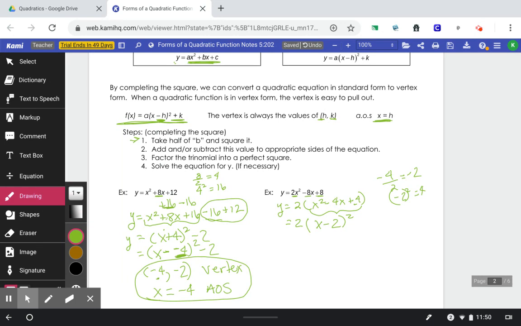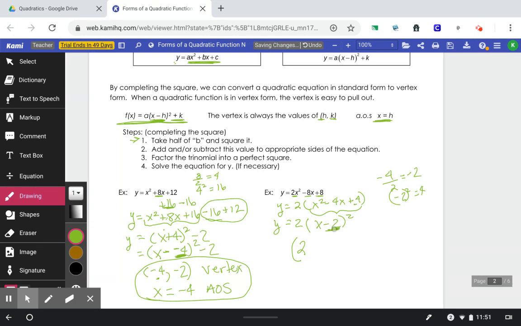All right, now I have my equation written in vertex form, and I can pull out my vertex easily. So right here, my x value is going to be +2, because remember, this is x minus h, the standard vertex form.